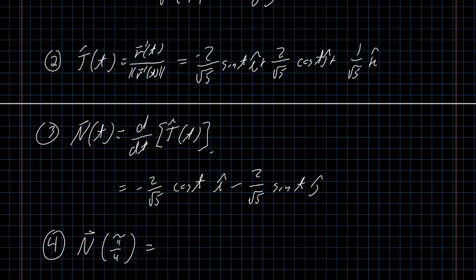Cosine of pi over 4 is root 2 over 2. Sine of pi over 4 is root 2 over 2. The 2's cancel each other out. So we are left with negative of 2/5 in the j direction.